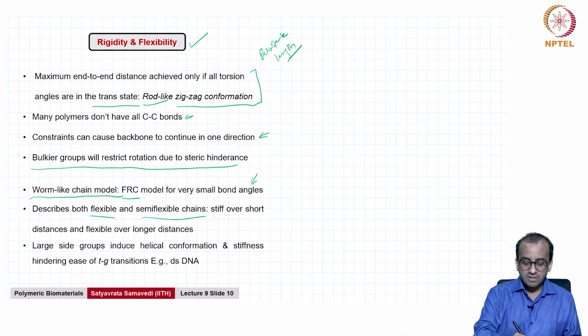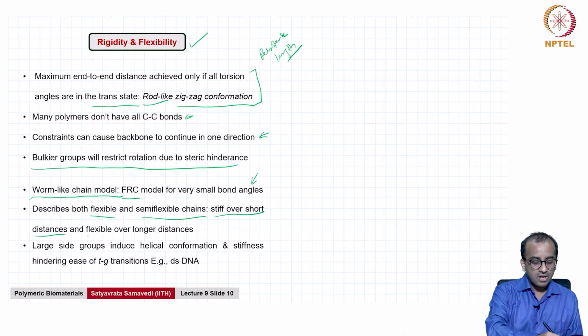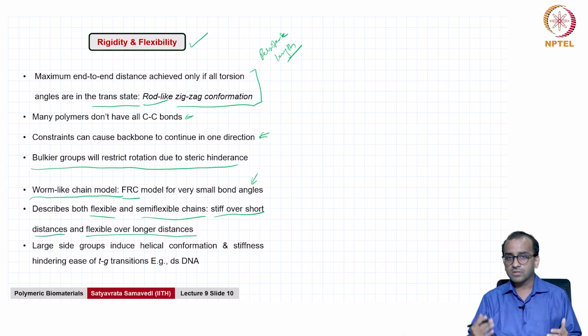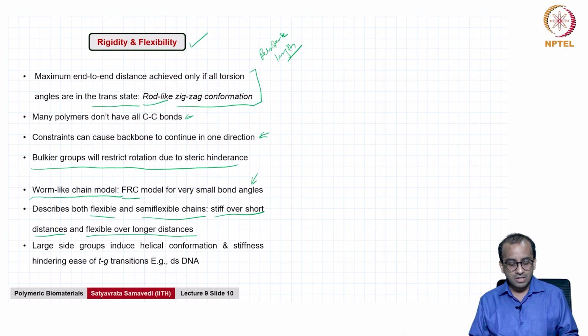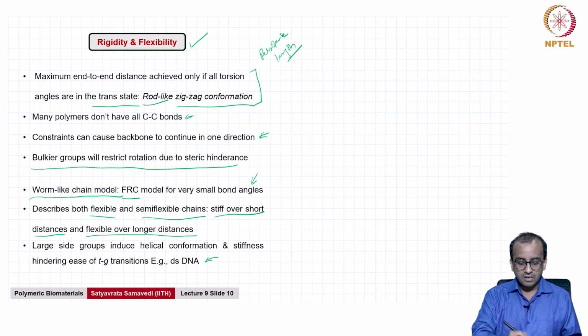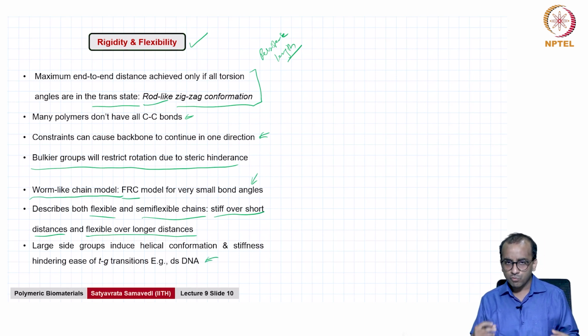For example, stiff over short distances and flexible over longer distances. As an example, large side groups can induce helical conformation and stiffness, hindering the ease of these TG transitions, for example in double-stranded DNA, which would be considered a stiff macromolecule.